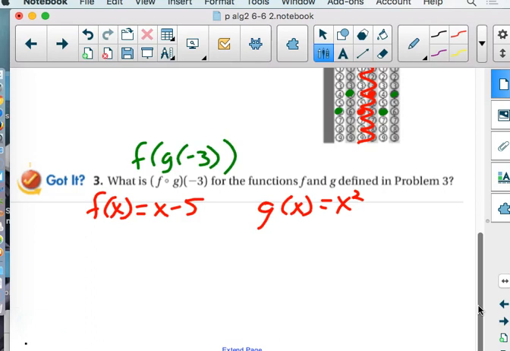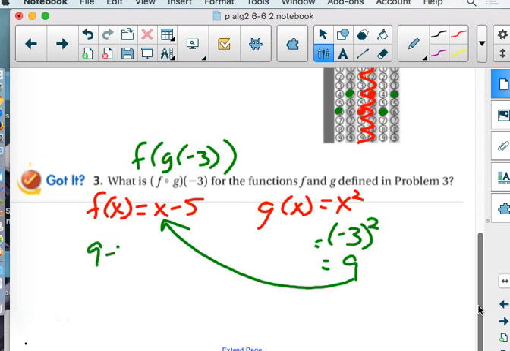Okay. So this time I have to put negative 3 into g first. So that'll be negative 3 squared, which is 9. And then I go to the outside, which is f, put it in there, and 9 minus 5 is 4.